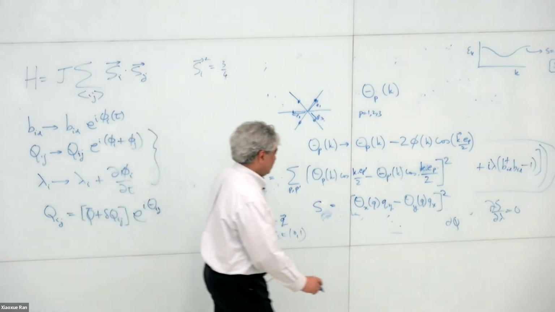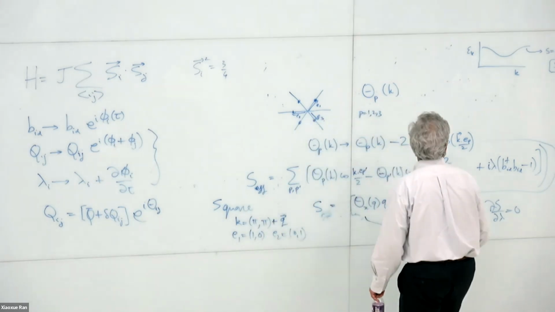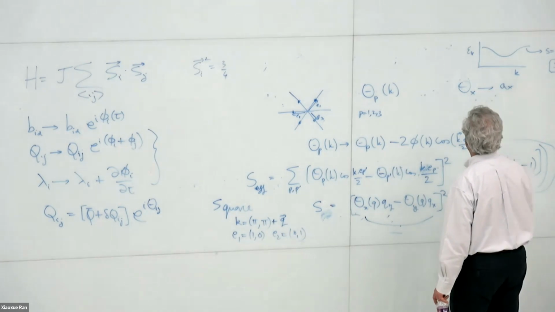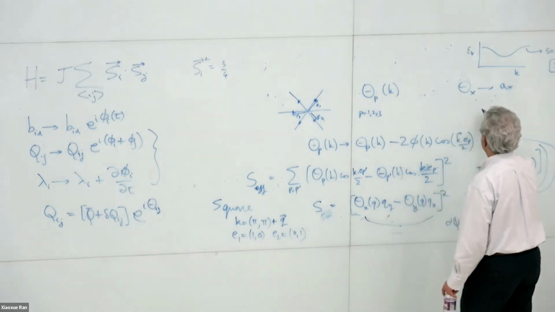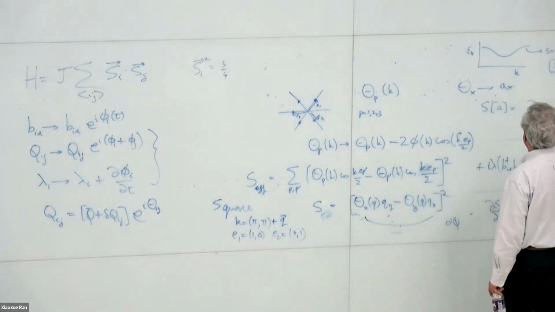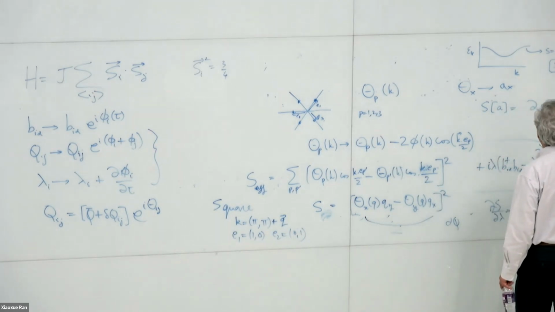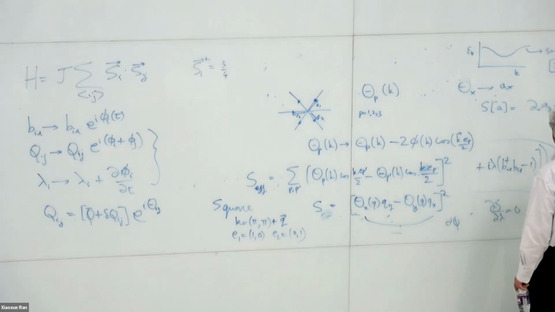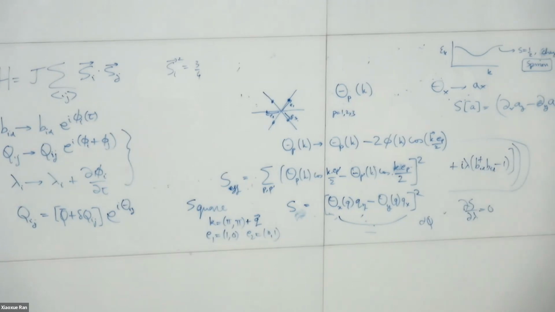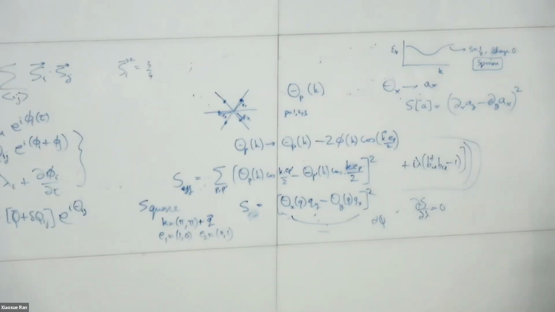Of course, you recognize what this is. If I just relabel theta_x as A_x for better notation, then this effective action for the A is just (d_x A_y minus d_y A_x) squared. That's like the flux term or the Maxwell term for some U(1) gauge theory.